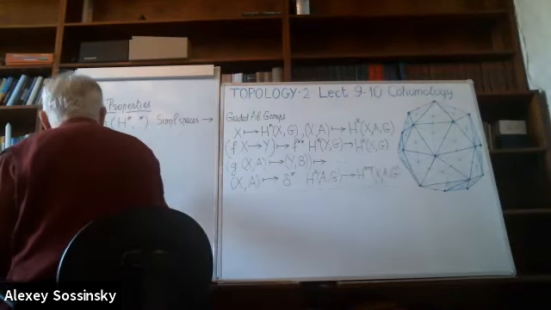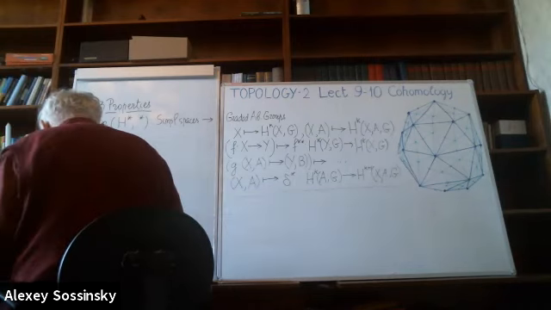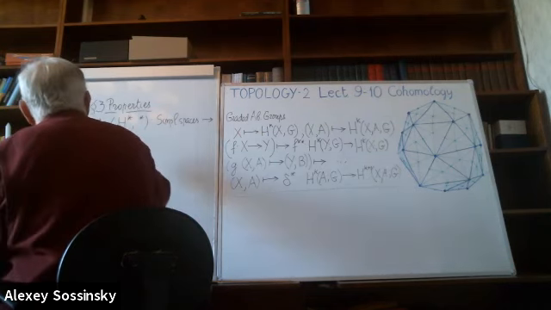So the first property is called dimension. This is not this one. It's called dimension.